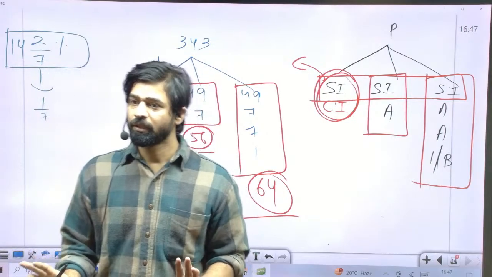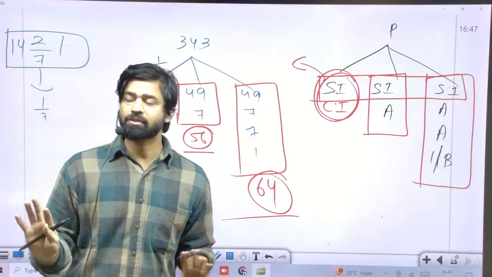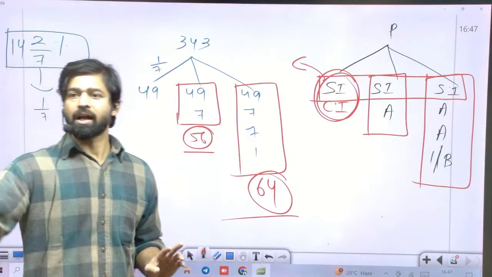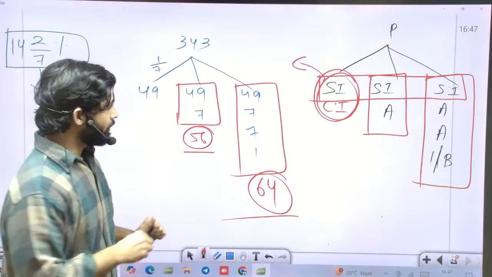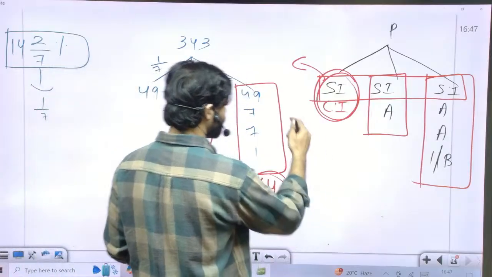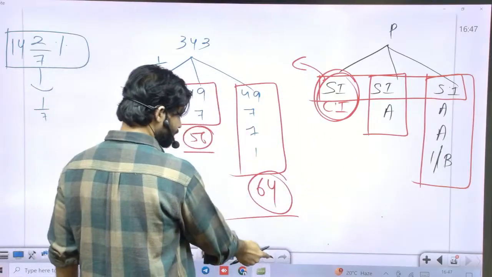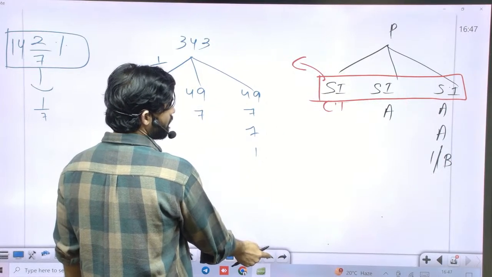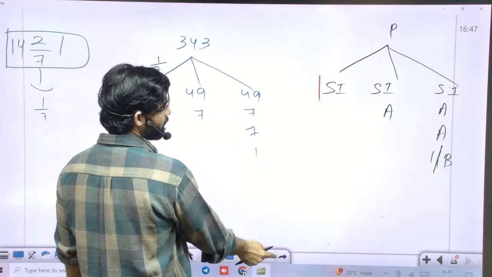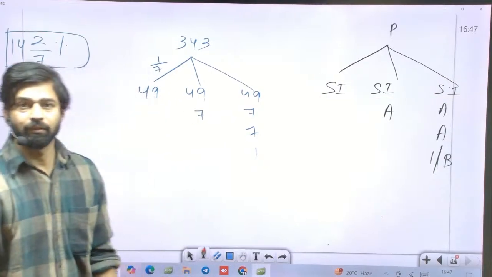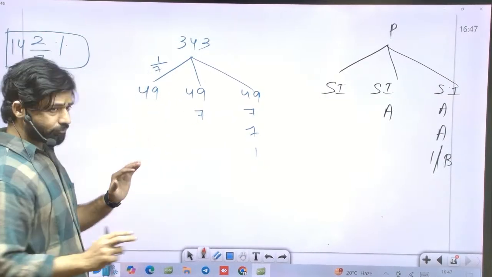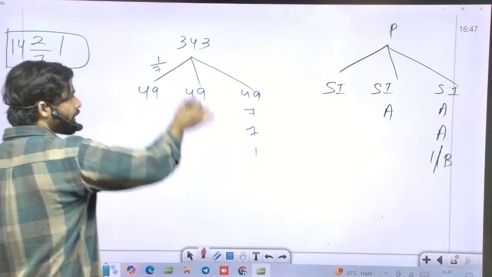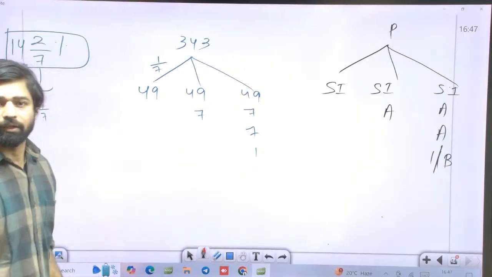Any problem? Let's talk about difference now, because usually they ask the question on difference. Okay, if we talk about this chart, now you know it very well, these all vertical values are what? CI.